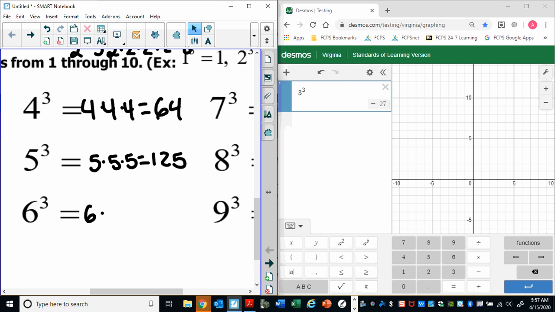And 6 times 6 times 6 is going to equal, what is that, 64 times 6? Oh, 36 times 6, actually. 6 to the third power, 216.